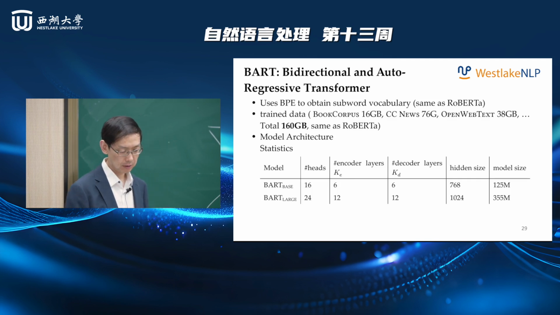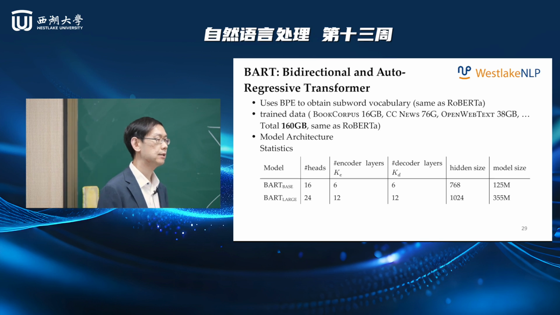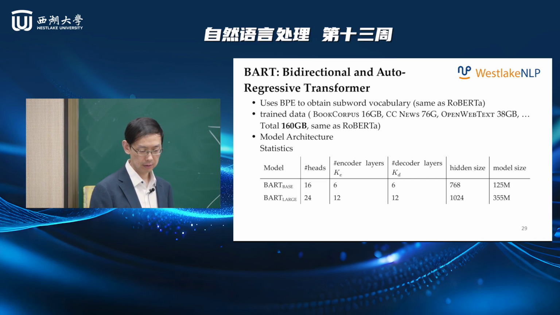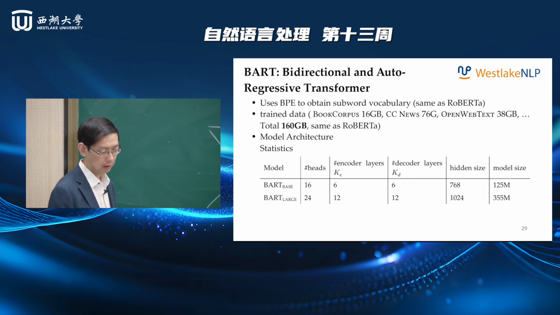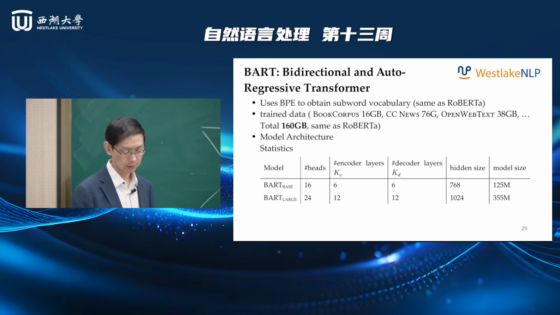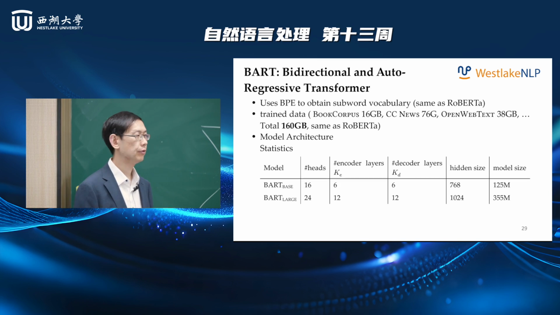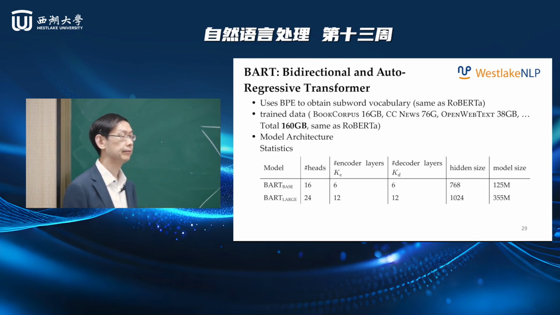And BART is trained using basically the same tokenization method and the same data set as Roberta. BART also has a base and a large version. The model size and the configurations are shown in the table.